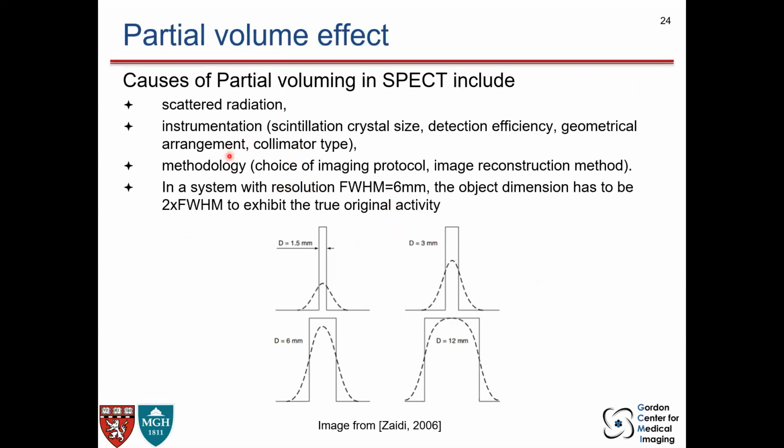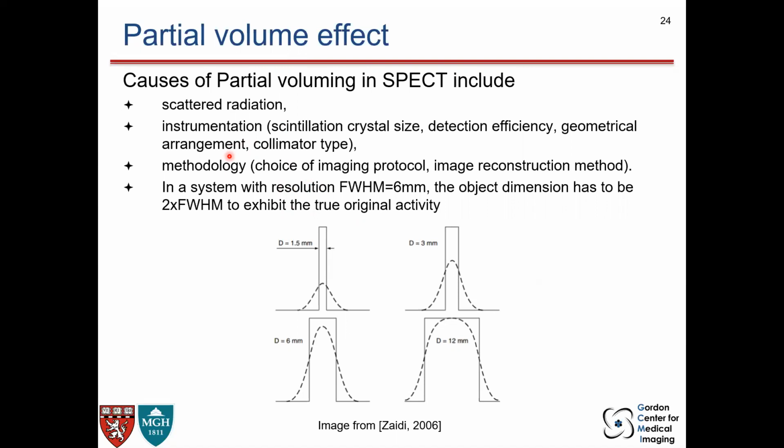And of course, multiple factors are important here: scintillation crystal size, detection efficiency, geometrical arrangement, collimator type. There are many factors that can influence the partial volume effect.